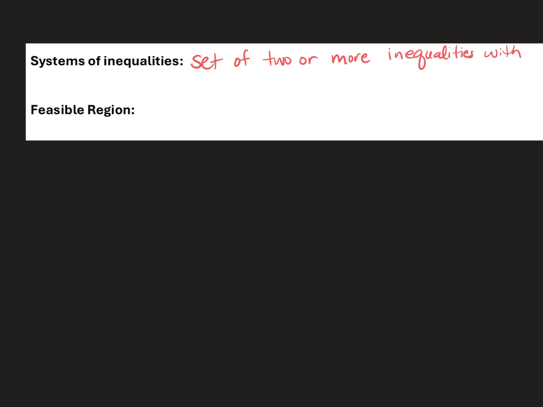The intersection of the graphs is called the feasible region. So the feasible region is the intersection of the graphs.